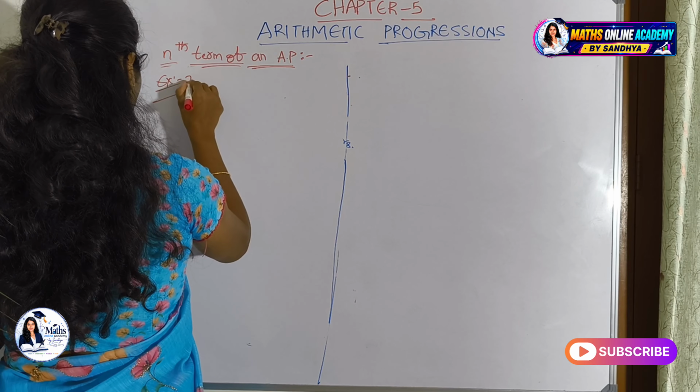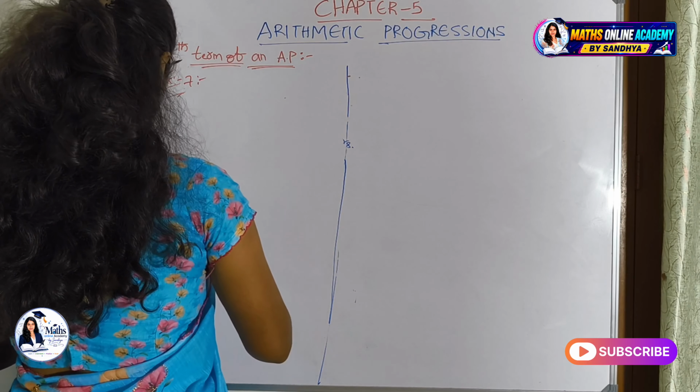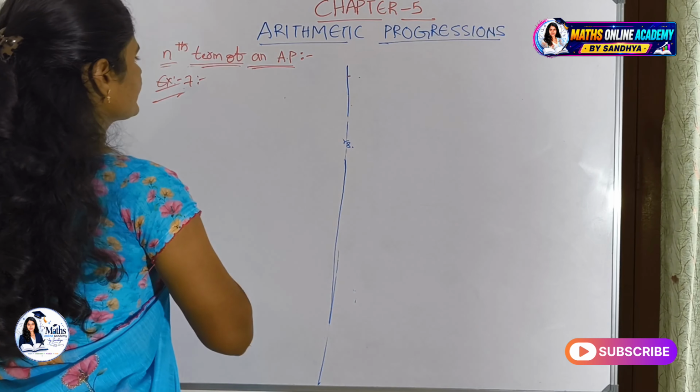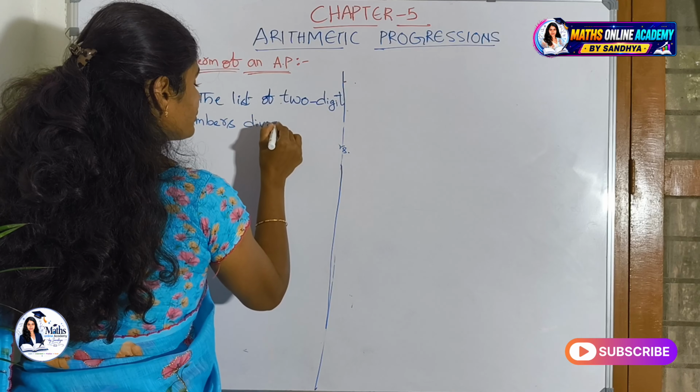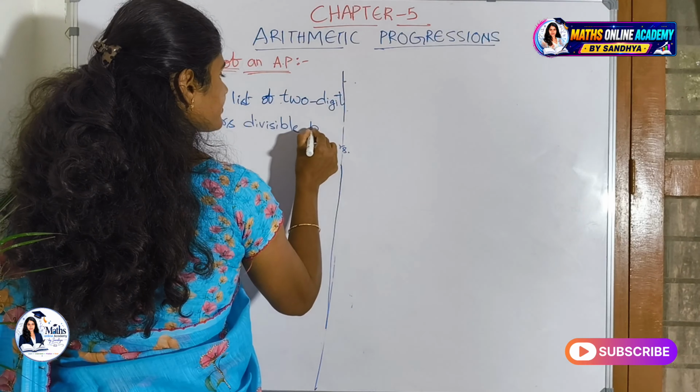Example 7. Let's take the list of 2-digit numbers divisible by 3.